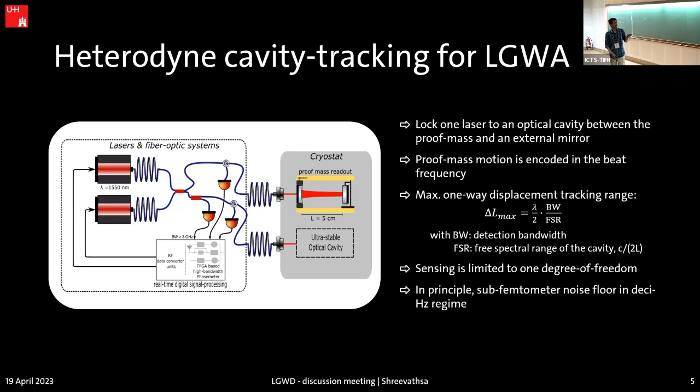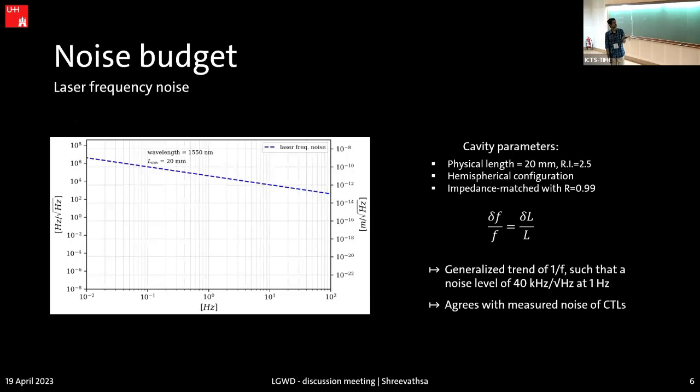So in principle, this kind of readout can reach a sub-femtometer noise floor, and what makes it really stable and precise is discussed in the noise budget.